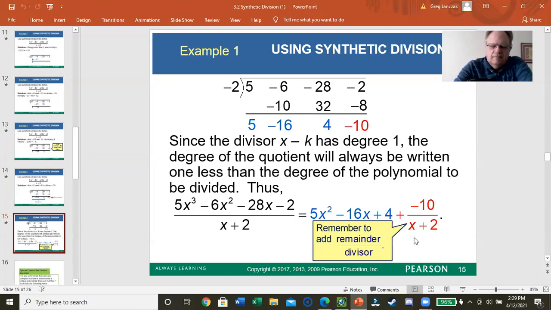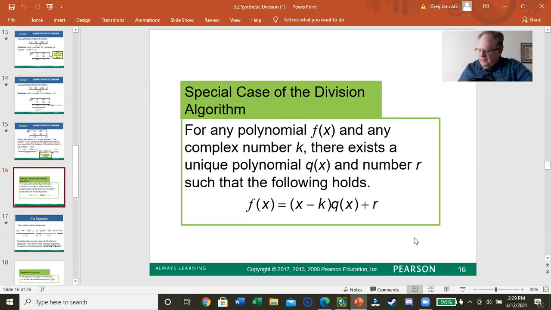Okay. Special case division. On some problems, if you're given k as your divisor, just a single number as your divisor, then what you're doing here is you're taking the divisor and multiplying it into the quotient.